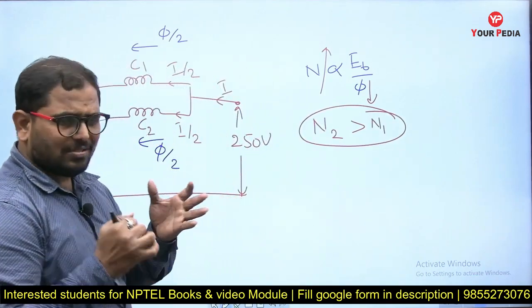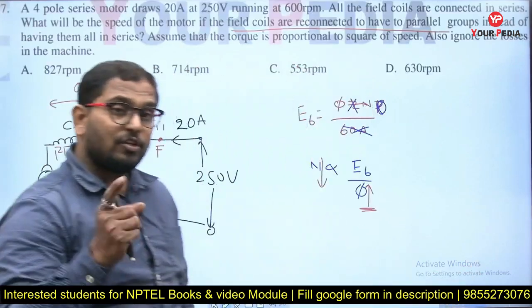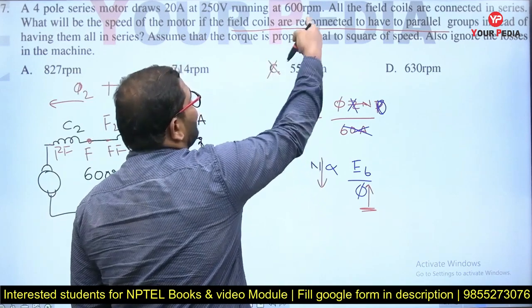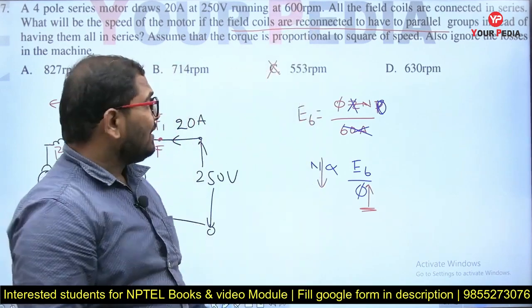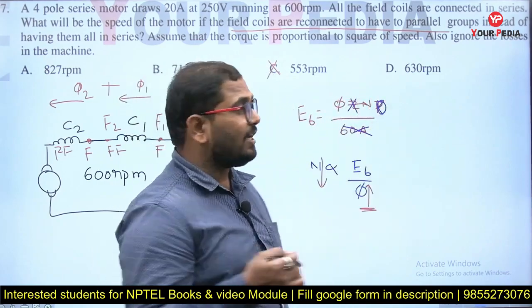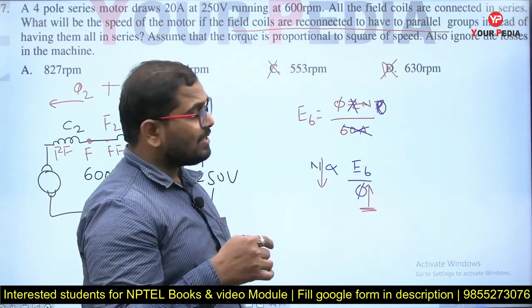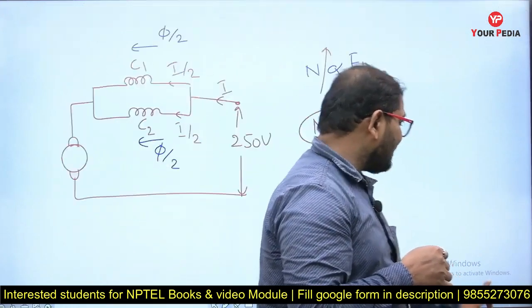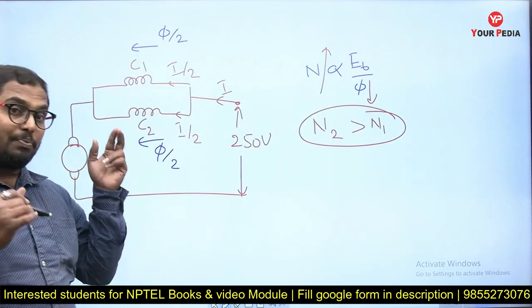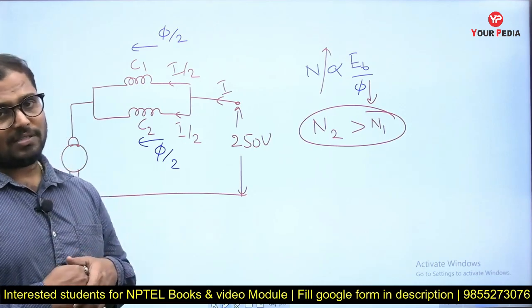Based on this simple technique, let's observe the options. Which option can I eliminate? I can eliminate 553 because it is less than 600. And in the fourth option, the speed is nearer to 600, so this I can also eliminate, because here the change in current will be more compared to the previous circuit, so the speed also will change a bit more.